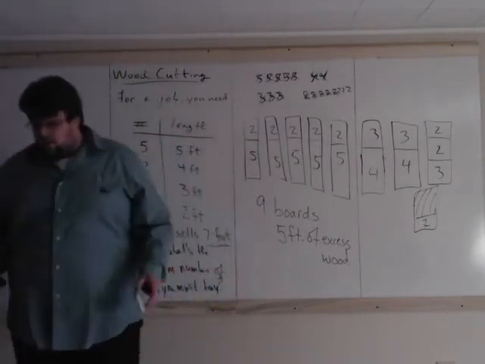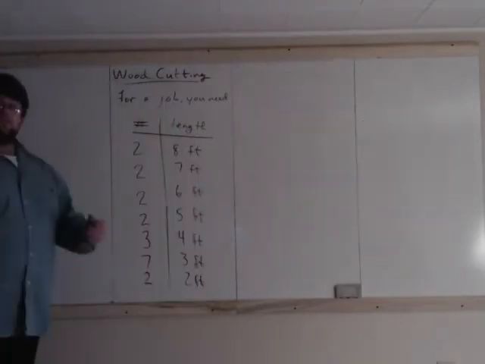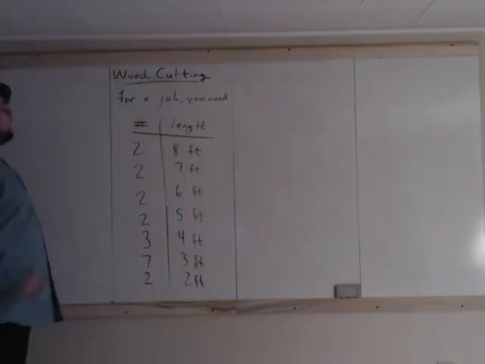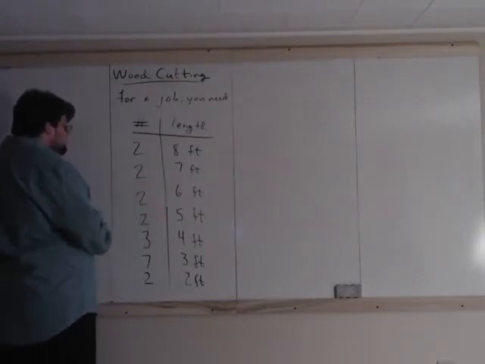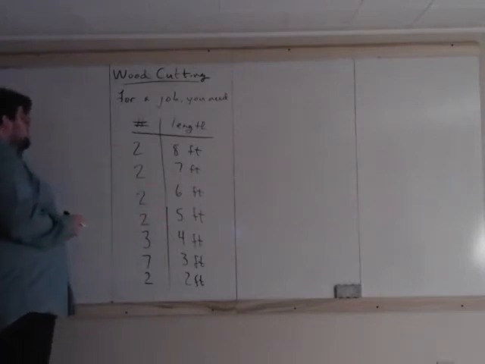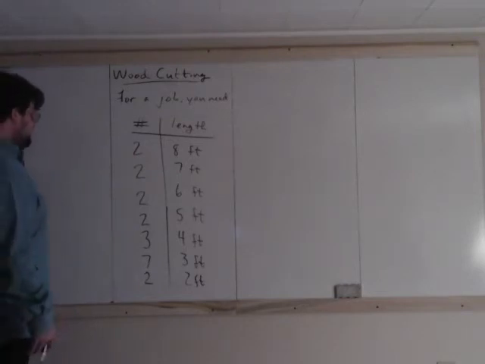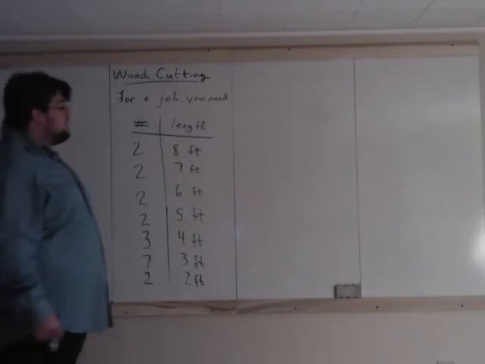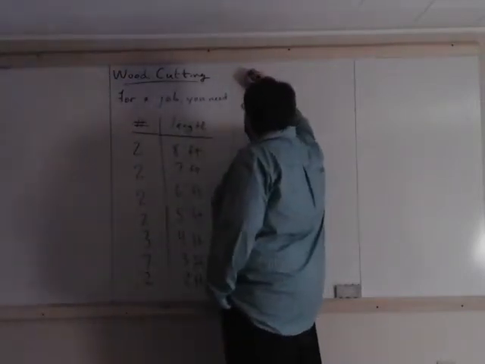Now, let's look at another example. So for this example, we have this amount of wood that we need. We need 2 8-foot pieces, we need 2 7-foot pieces, and so on. 2 6-foot, 2 5-foot, 3 4-foot, 7 3-foot, and 2 2-foot pieces of wood. So let's do 3 different ones.